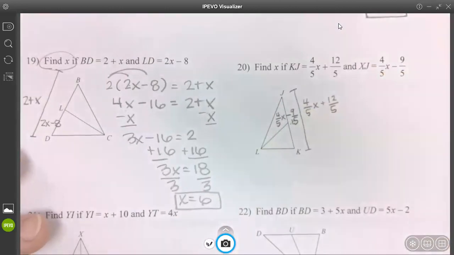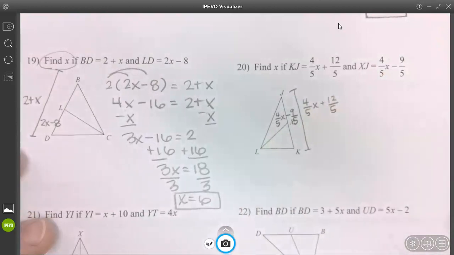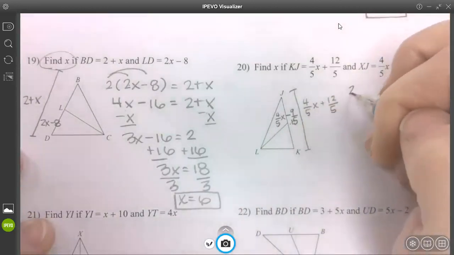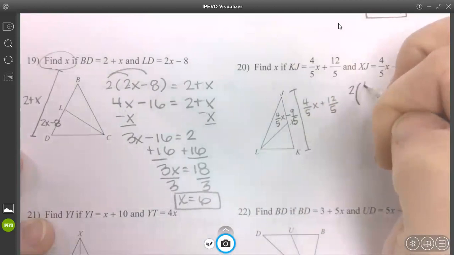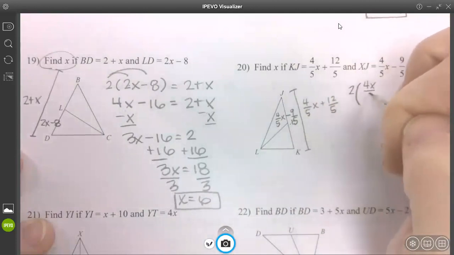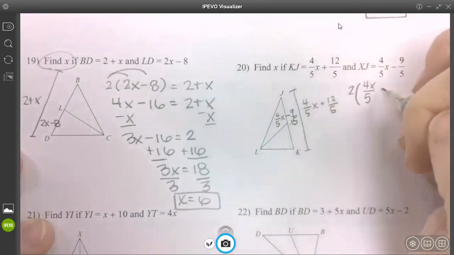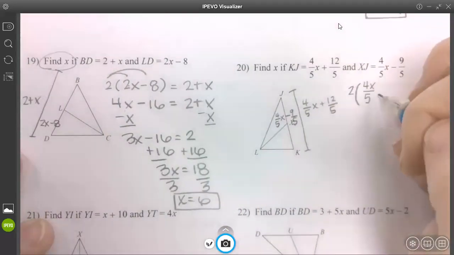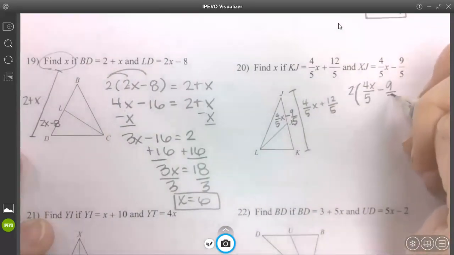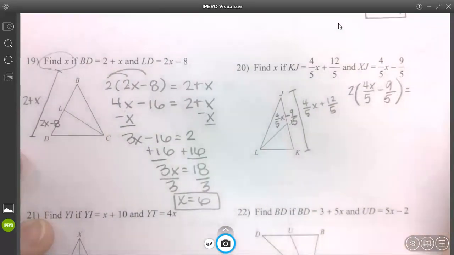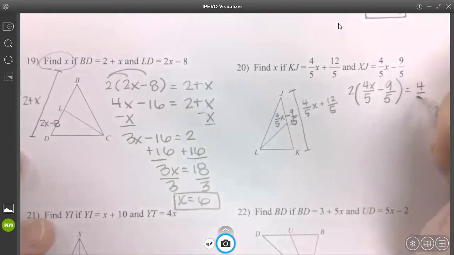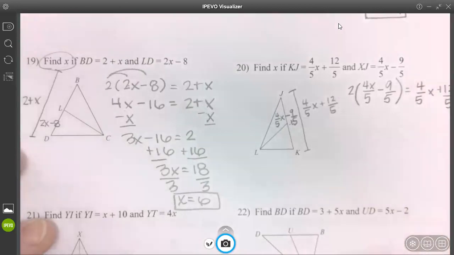So remember what I told you, we're going to multiply the part by 2. So 2 times your small part, 4x over 5, minus 9/5, is going to equal your whole, 4/5 x plus 12/5.